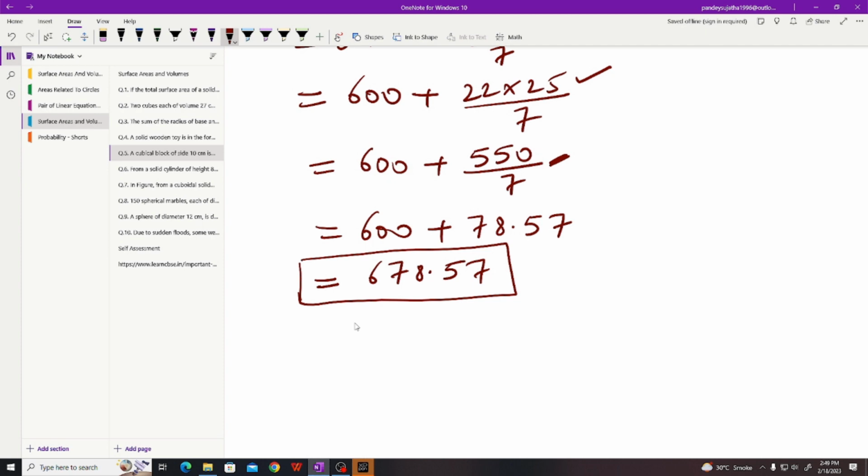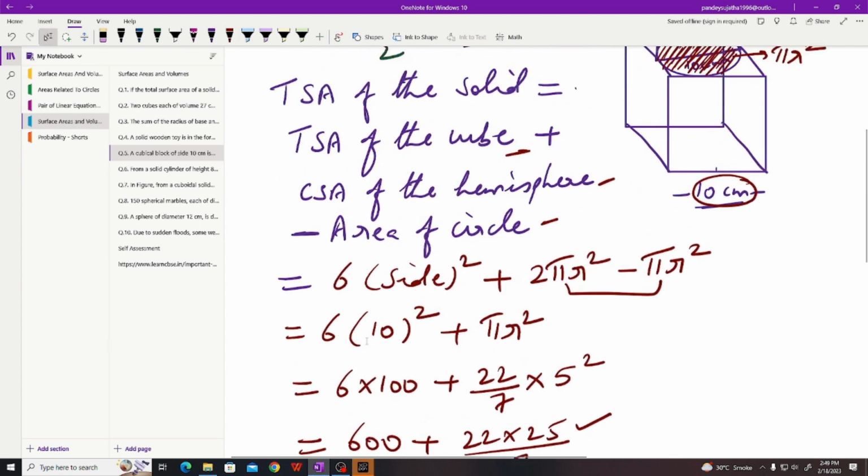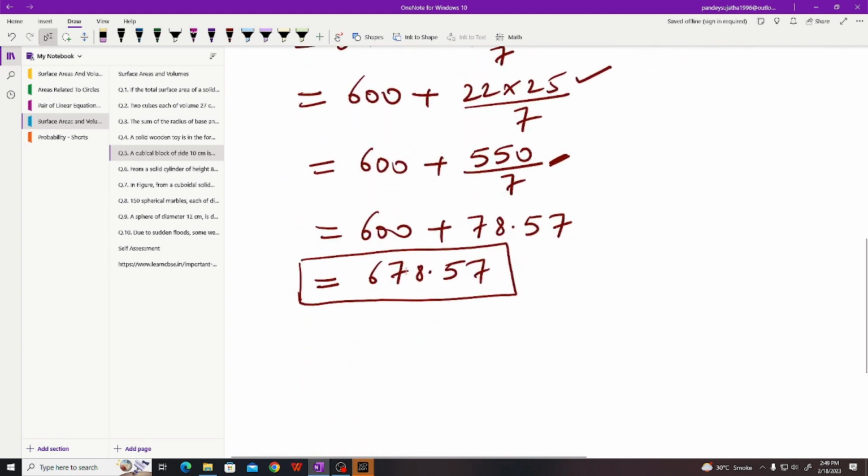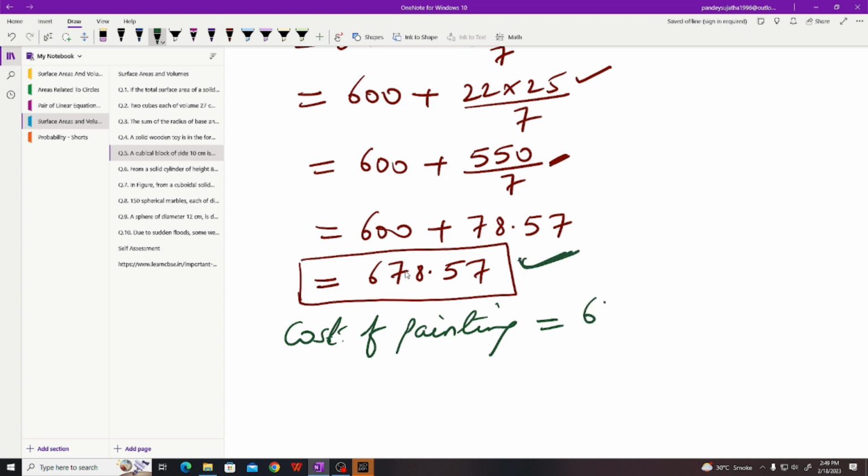Now we need to find the cost of painting, where the rate is given here as rupees 5 per 100 square centimeter. So cost of painting is equal to total surface area of the solid so formed, that is 678.57, and multiply with the rate given here.